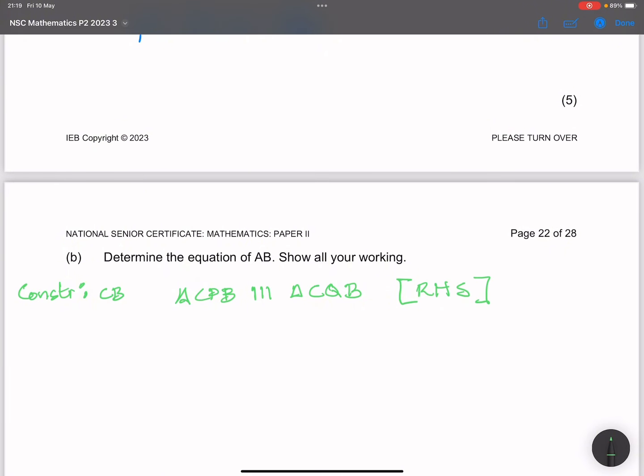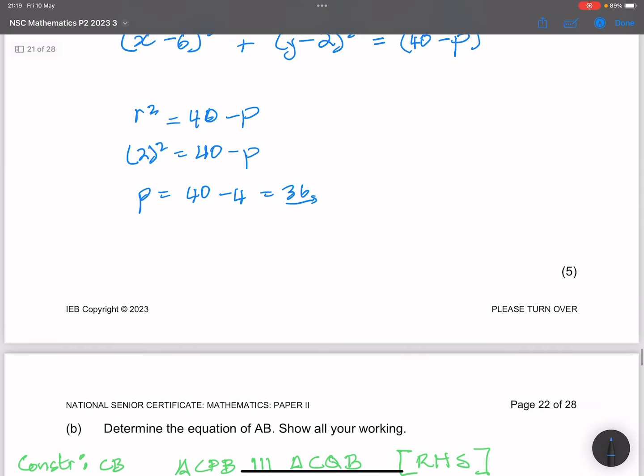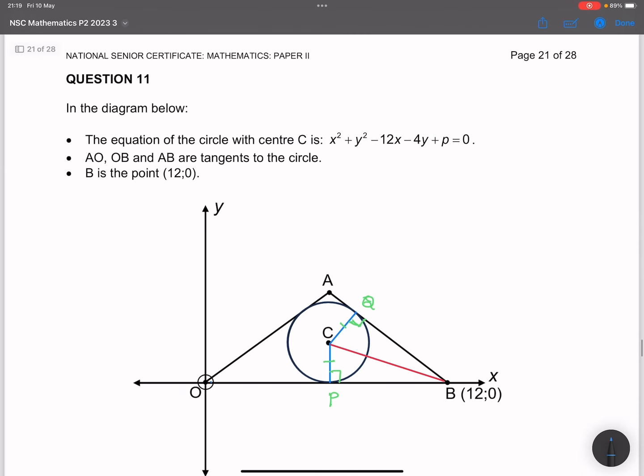Now what I'm going to do is simply say, ladies and gents, if we can find this angle here, and let's call it theta, because they are similar triangles, it would be similar to that angle there, which is ABC.